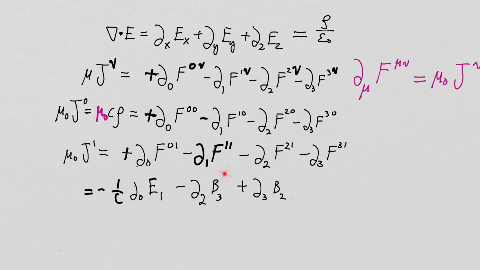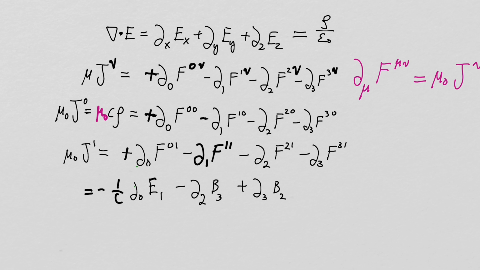Now, these two are clearly looking like the pieces of a curl. Remember, the components of a curl are formulated like this. This would be the x component, or the x1 component, of the curl of the magnetic field.